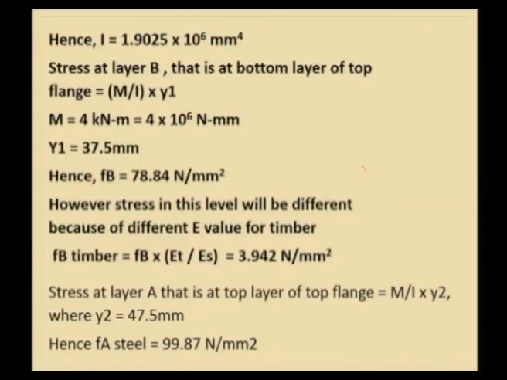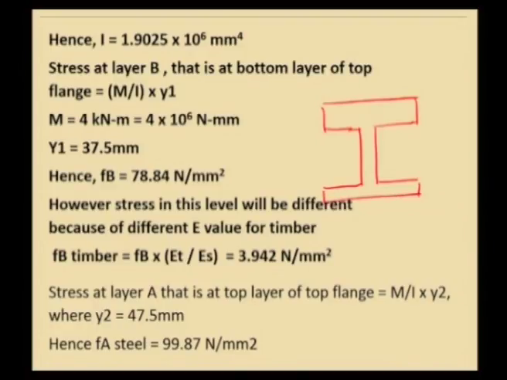Next, the stress at layer B, that is at the bottom layer of the top flange. We need to compute the stress at different levels separately and clearly, because it is a composite section. So, let us consider this layer and this layer. The stress at layer B, that is at the bottom layer of the top flange, is given by F_b, which is equal to M divided by I into y1.